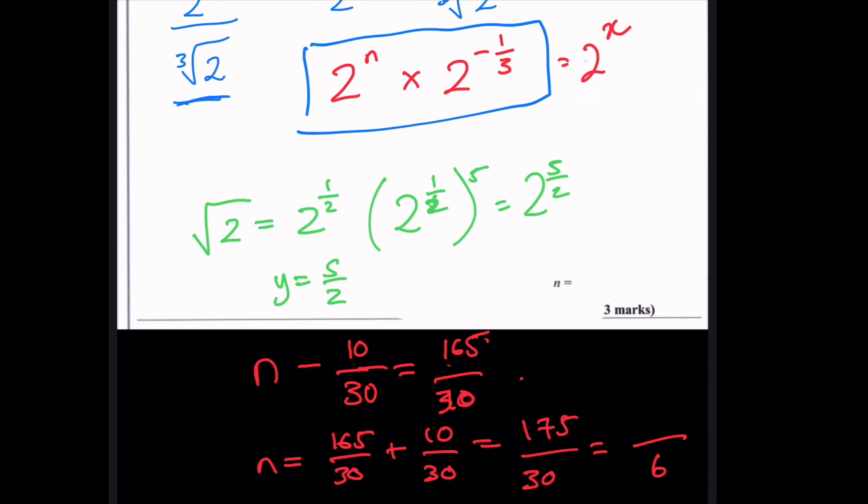This gives me 6 on the bottom. Let's do 175 divided by 5 up here really quickly. 5 into 1 goes 0, I carry the 1. 5 into 17 goes 3, there's 2 left over. 5 into 25 goes 5. So this is 35 over 6 as the value of n. Go through it slower, you can.